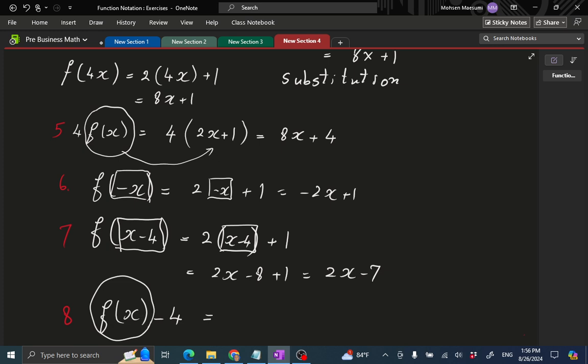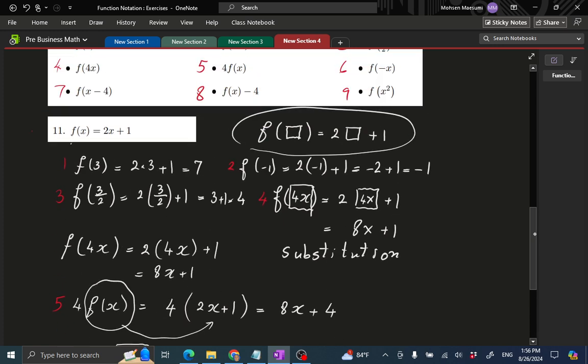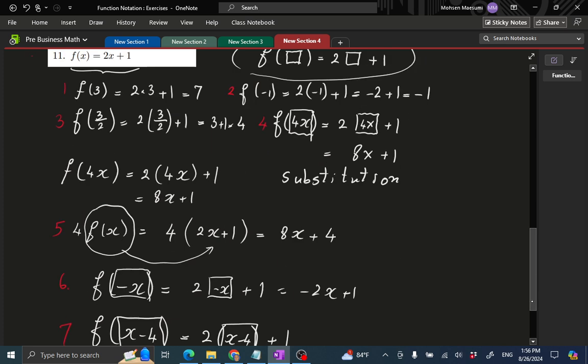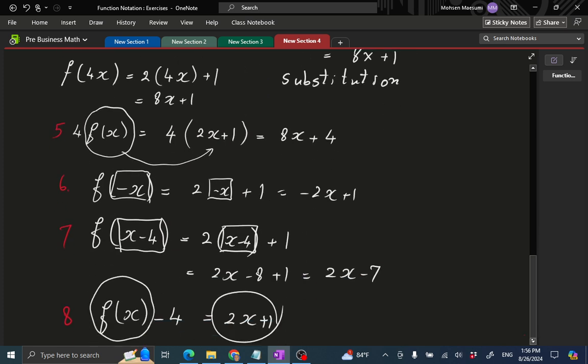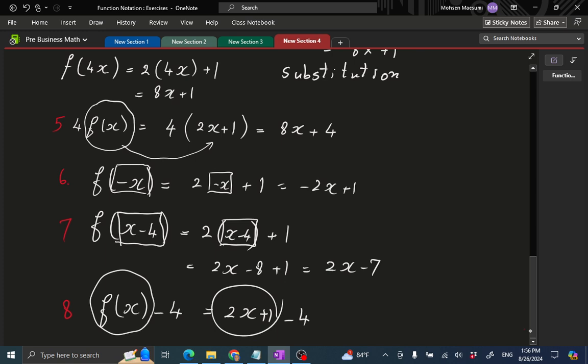So f of x calculates as before. That was 2x plus 1. That is just the f of x that we had here. And then we are subtracting a 4 from this after it's all done. So it becomes 2x, 1 minus 4 is minus 3. So notice that these are different things. f of x minus 4 and f of x minus 4, these are different.